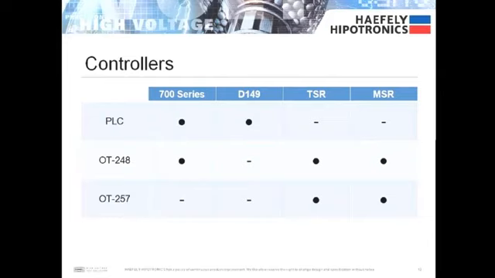The OT248 can also be used with the 700 series AC dielectric test sets. And then the OT257, which is also a Windows-based controller. This controller is fitted with a complete desk. It also has more memory for storing more data, and this one is used with the TSR and MSR systems as well.